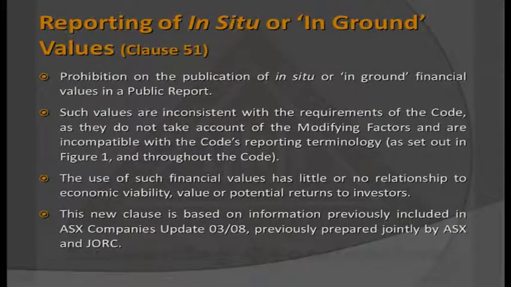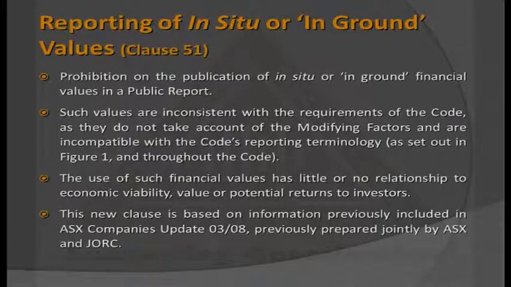Another one is the reporting of in situ or in-ground values. Basically, there's a prohibition on publicly stating there's an in situ value of so many ounces times the spot gold price or whatever the commodity may be. Because this really isn't very transparent and it's inconsistent with the requirements of the code.